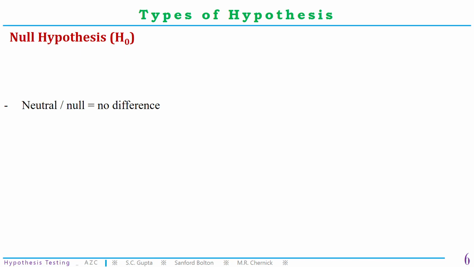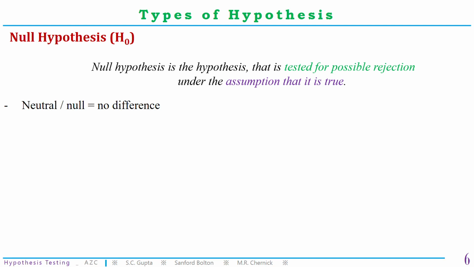Null hypothesis, symbol is H0. Neutral, or null, means no difference. Null hypothesis is the hypothesis that is tested for possible rejection under the assumption that it is true.